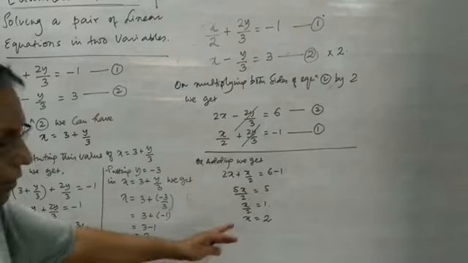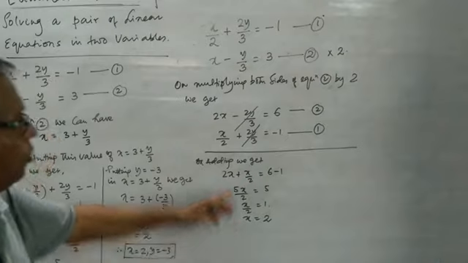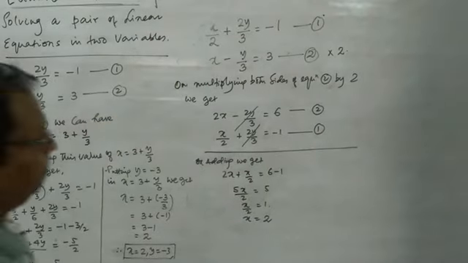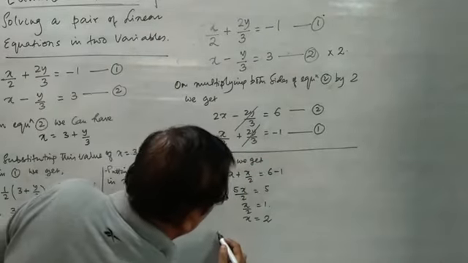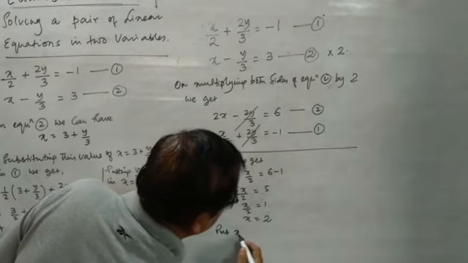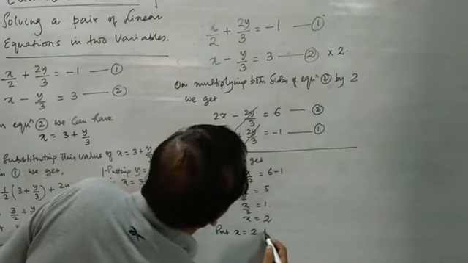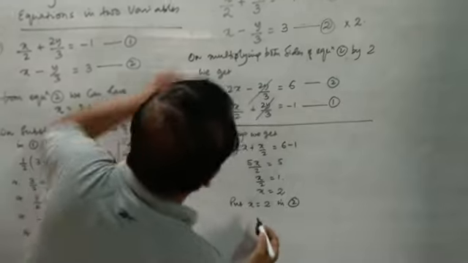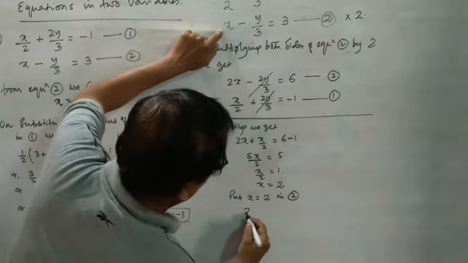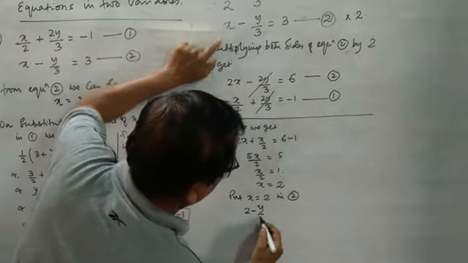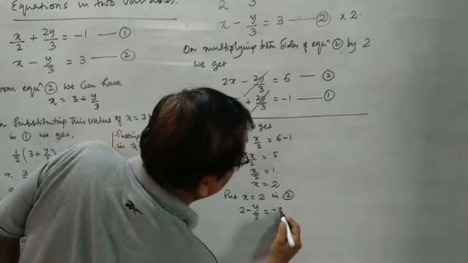Now this value of x equals to 2, you put in either of the two equations. If we are putting it in equation number 2, put x is equal to 2 in 2. So what we will write, 2 minus y by 3 is equal to minus 3.